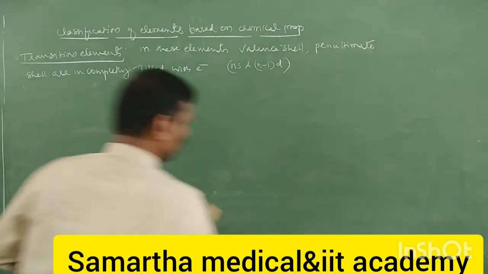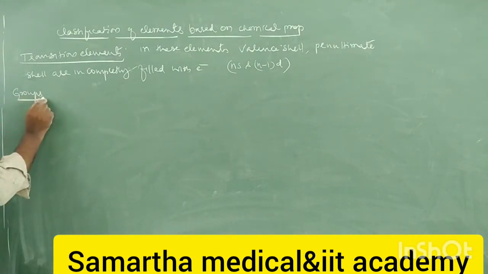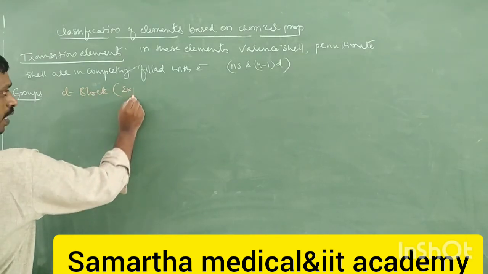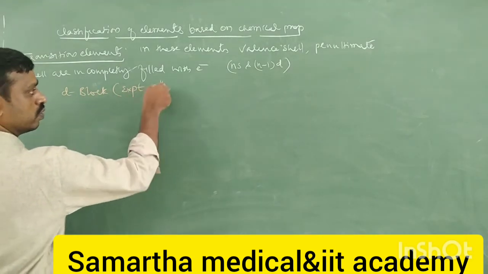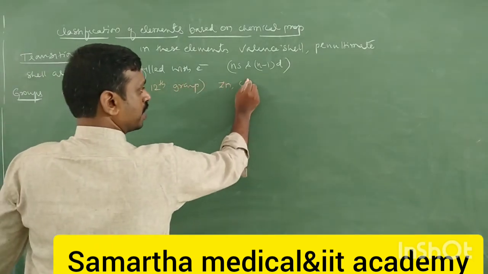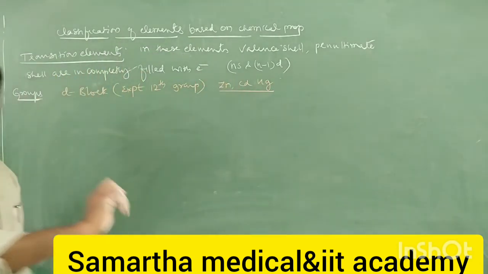Now come on, tell me. Which group elements come under this category? All D block? Do all D block elements come under transition? Except the 12th group. That is important, D block elements except the 12th group. What are the 12th group elements? Zinc, cadmium, mercury. They are D block, but not transition.